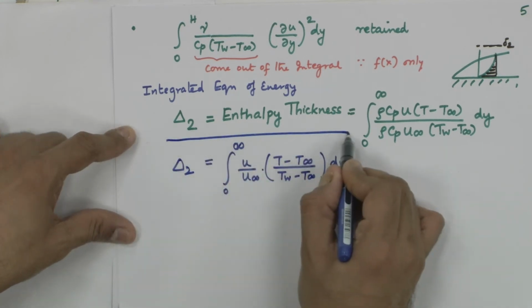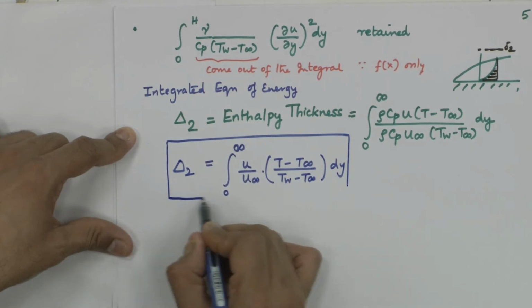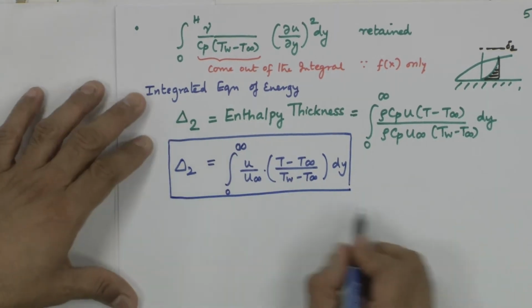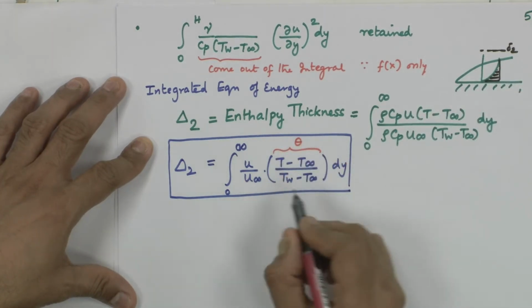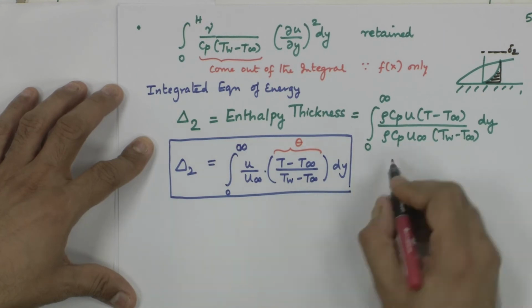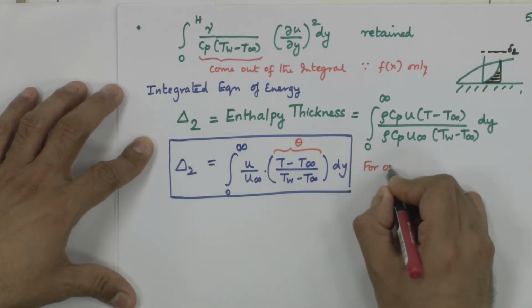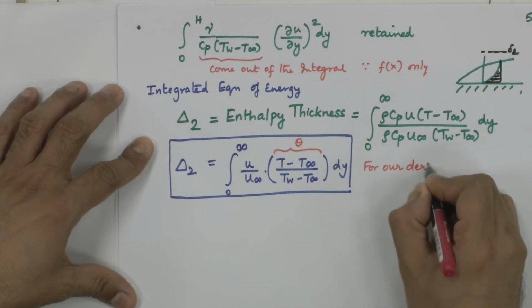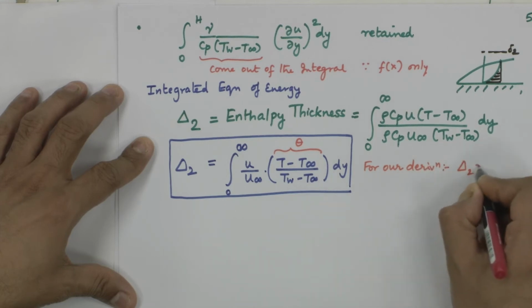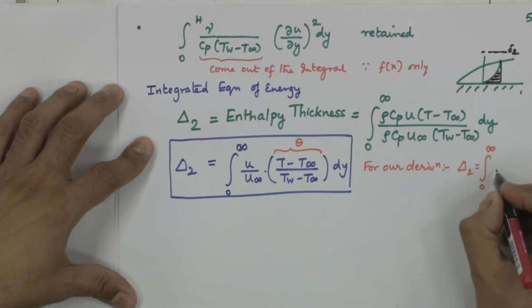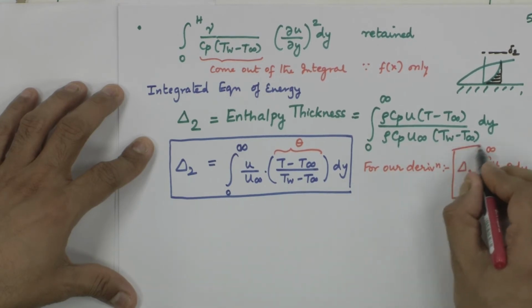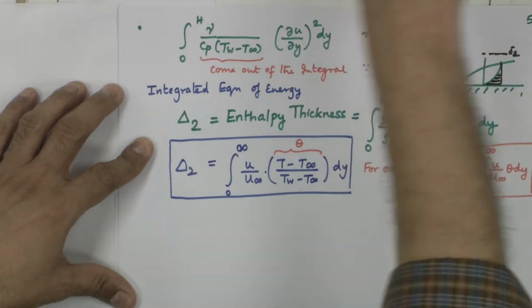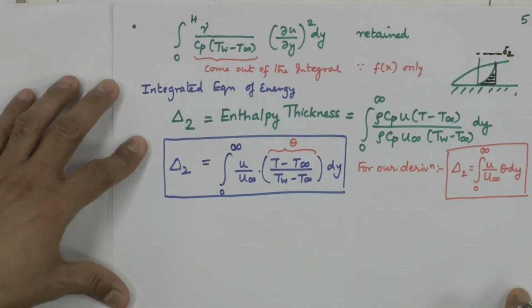This definition is very important, and in our nomenclature, T minus T infinity over T wall minus T infinity we call theta. Therefore, for our derivation, delta 2 is equal to the integral from 0 to infinity of u by u infinity times theta, dy. We will use this because this form appears everywhere.